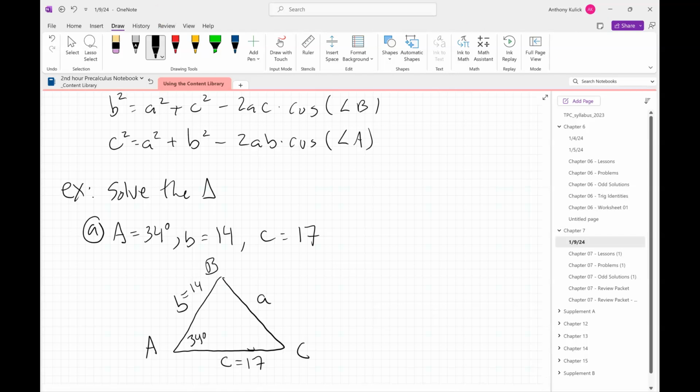What do we got here? Which situation? This is side angle side, which tells us then we need the law of cosines here.